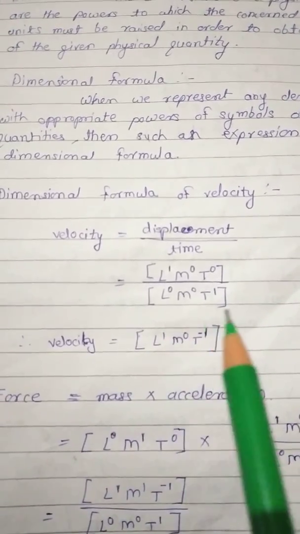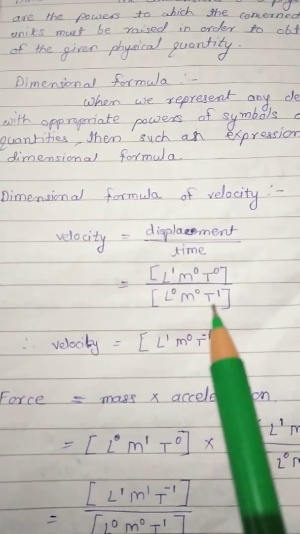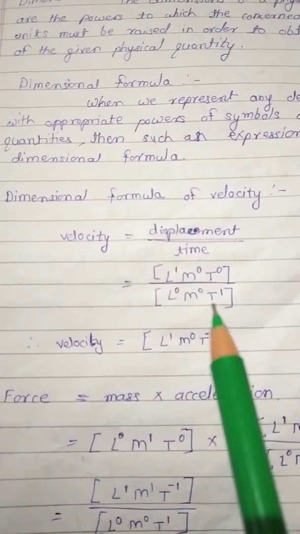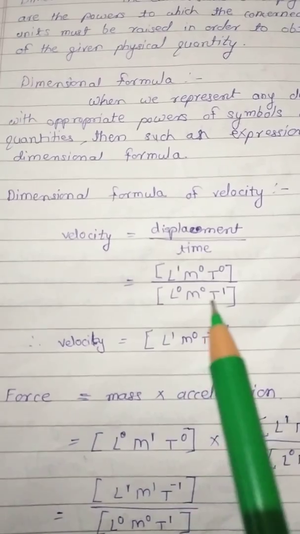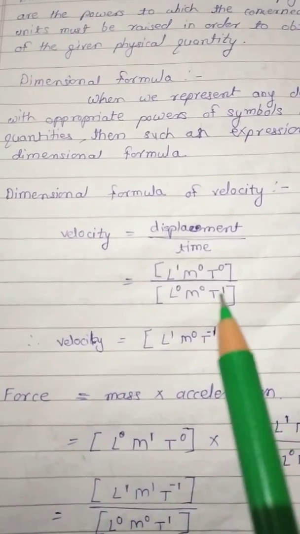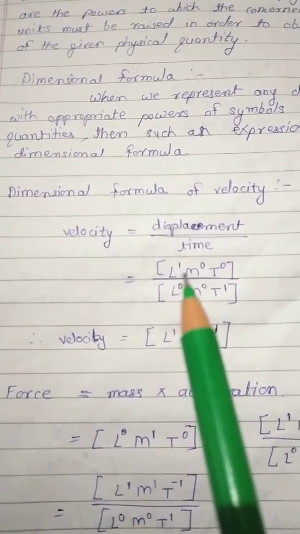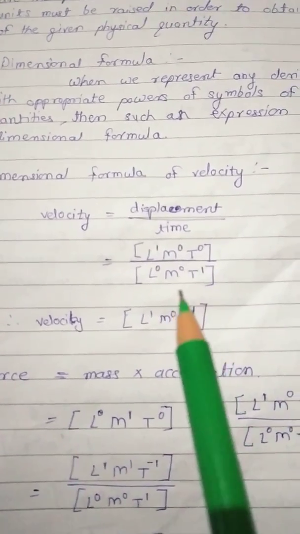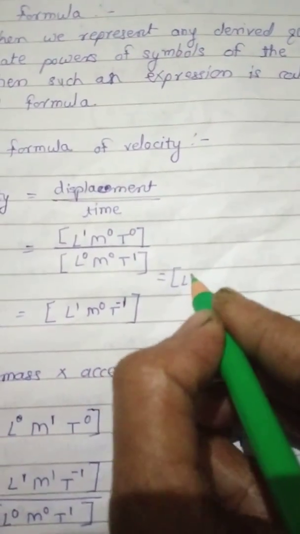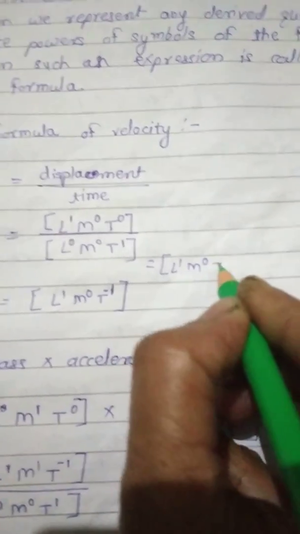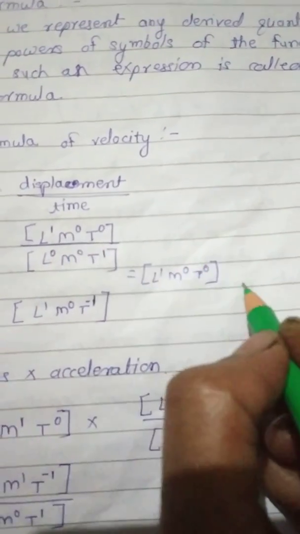Now the time quantity is in the denominator, so when we move it to the numerator it gets an inverse, meaning minus 1. The first quantity, for displacement, is L1 M0 T0.